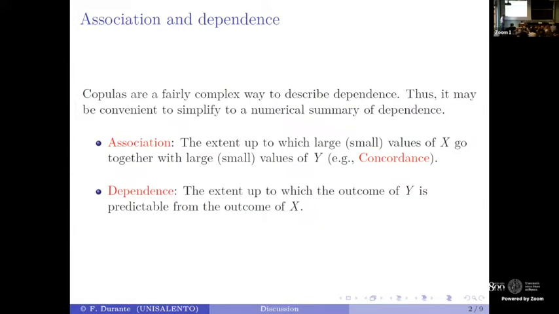It was very interesting in essentially quantifying how much large values of one variable are associated with large values of the other, or small values of one variable are associated with small values of the other.